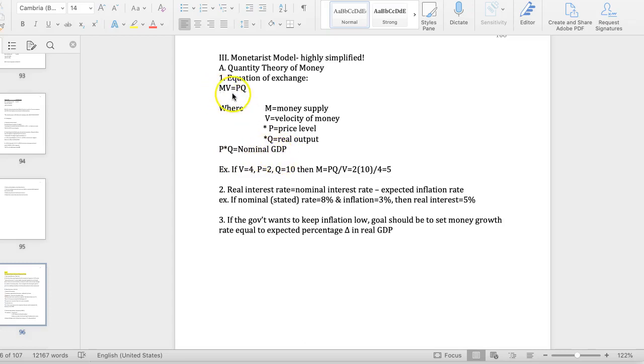So MV equals PQ. If you know the nominal GDP and you know either the money supply or the velocity, then you can solve for one of the unknowns. So example, if we know that the velocity of money is 4, the price level is 2, and the real output is 10, then we solve for M and we get that the money supply is at 5.